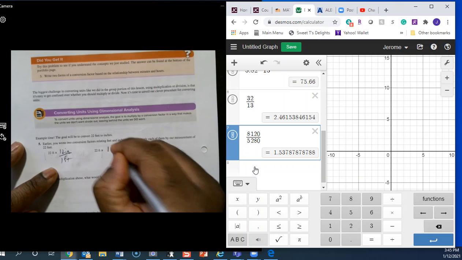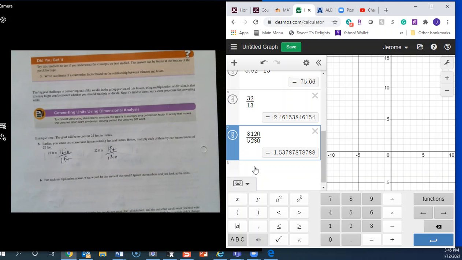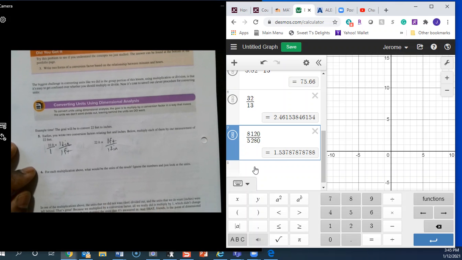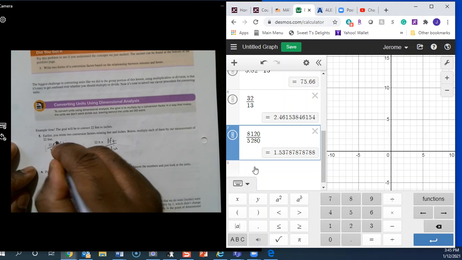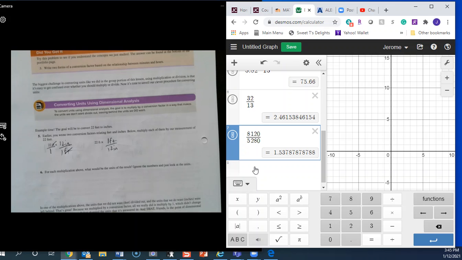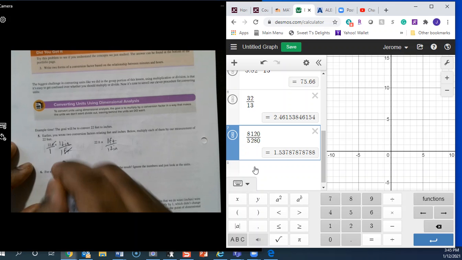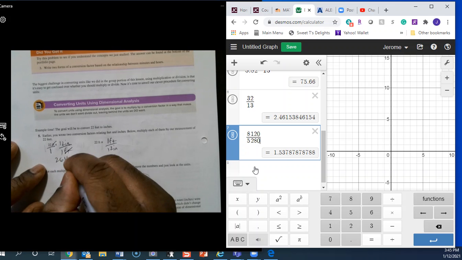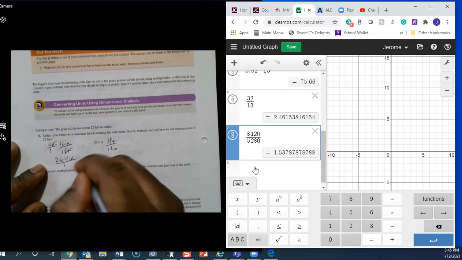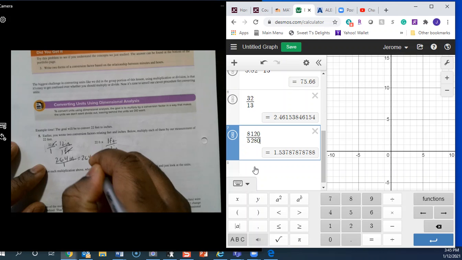The other was 1 foot over 12 inches. Now they tell us to multiply each of them. So we had 22 feet, we'll put it over 1, so we have a fraction multiplied by a fraction. The feet would simplify out. 22 times 12 is 264 inches over 1, which is 264 inches.